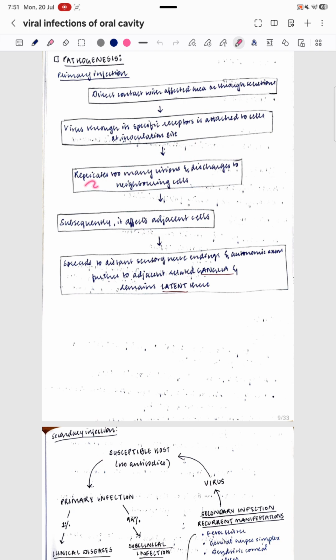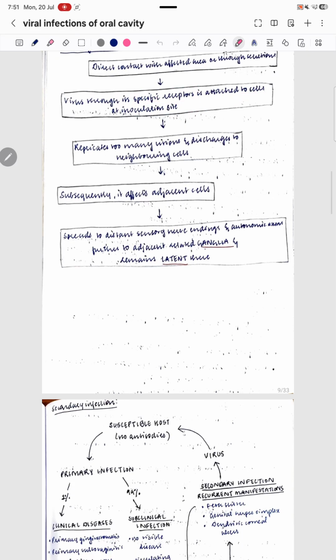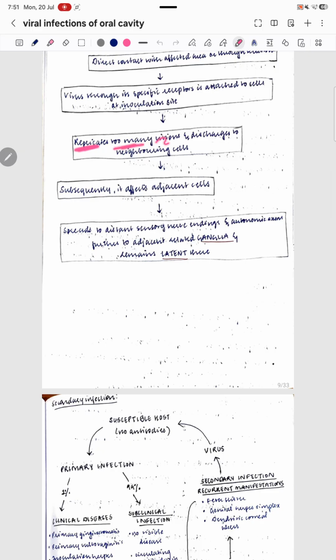So once the virus enters the body through direct contact or salivary secretion, it attaches to the host cell through these specific receptors. After that it replicates into many viruses and discharges to the neighboring cells.